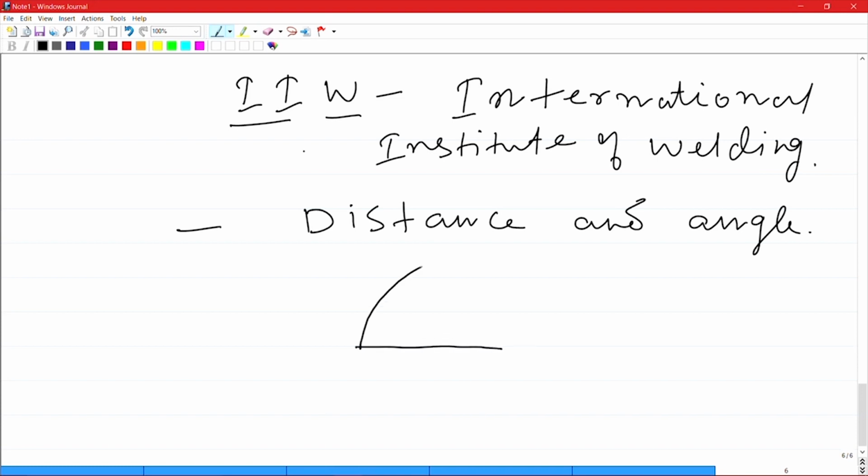So, this is a small triangular block like this, which will have the angles graduated on the surface. Okay. So, on this face, for example, you could have this kind of angle scales, and with the help of this you would be able to read the angle of the beam which is coming out from the probe, from an angle probe.